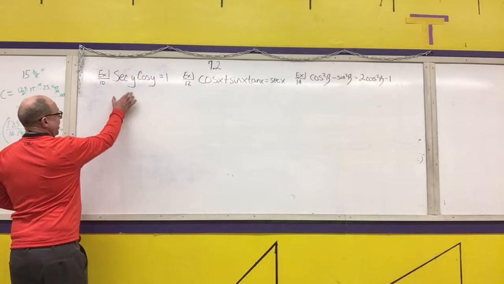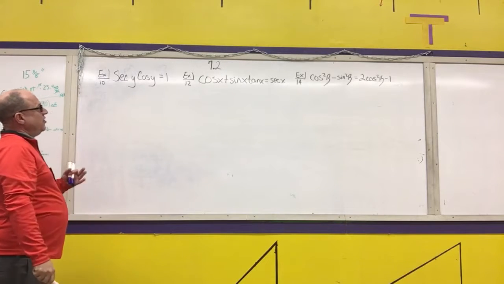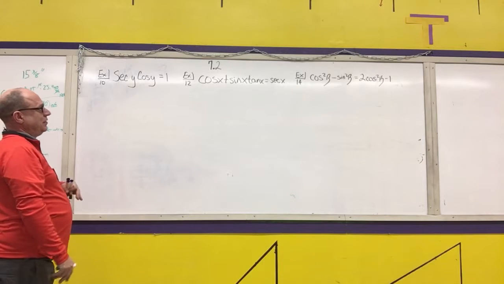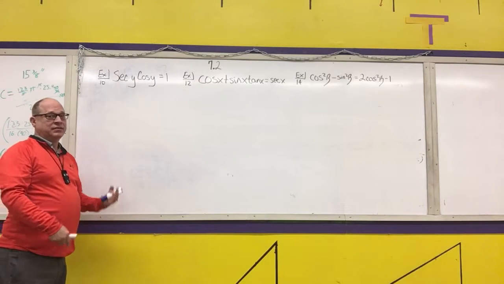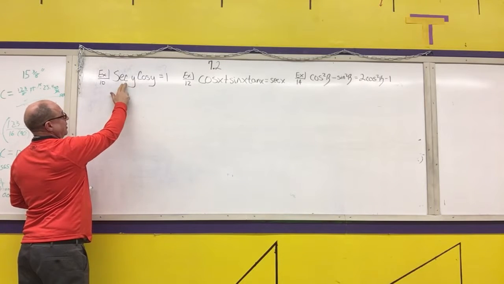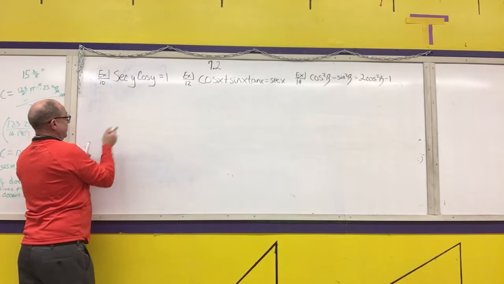First one, it says secant of y times cosine of y is 1. One of the general rules of thumb that I'm going to do is turn things into sines and cosines to see where I get. Well, actually, this one's even easier. I get a number times its reciprocal is 1. So let me write out the steps I would do.